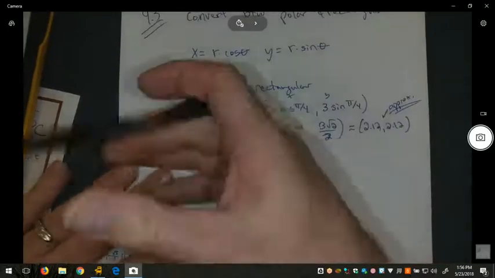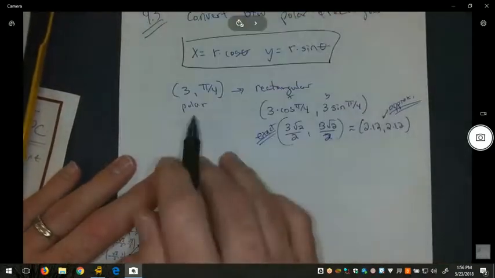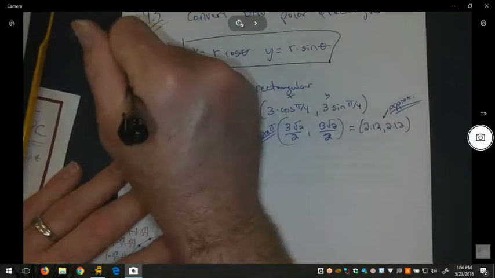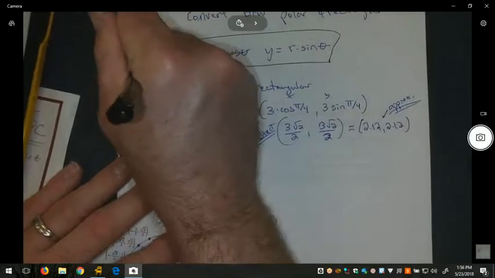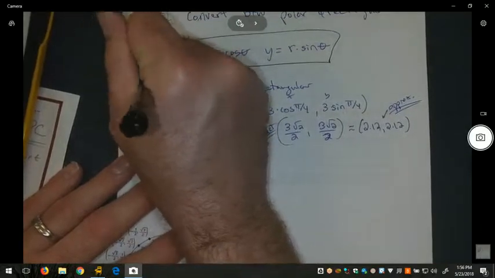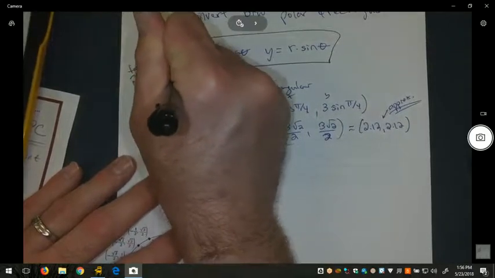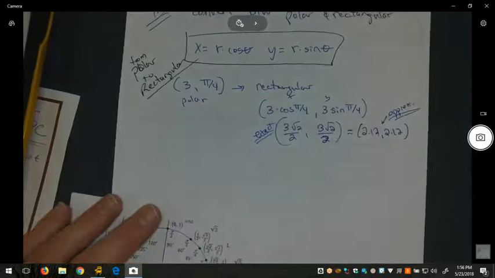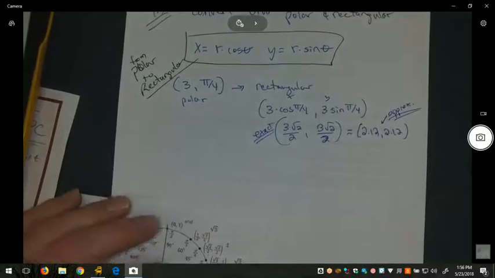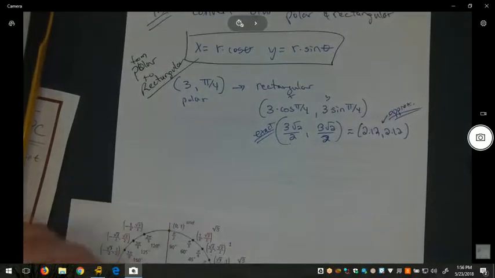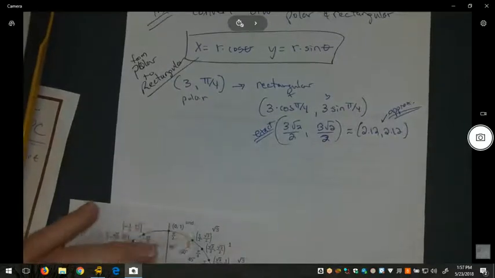So this is the relationship that we used to convert from polar to rectangular. And that's how that relationship works. Now we should also pay attention to where this point is located, just to make certain that it's going to give us the right ordered pairs.